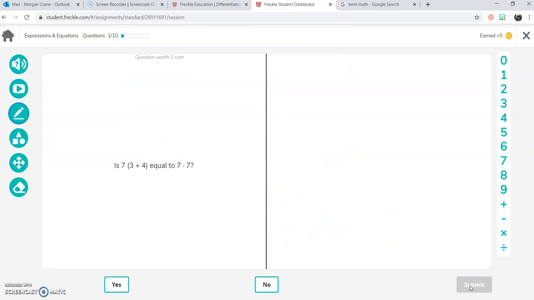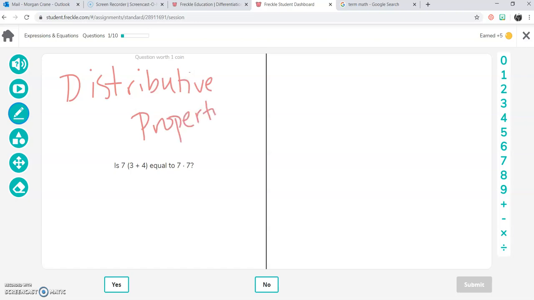This next one is talking about the distributive property. Again, we haven't gotten there, but we will. Okay, so the distributive property is taking a number and distributing it all the way out to everything else.